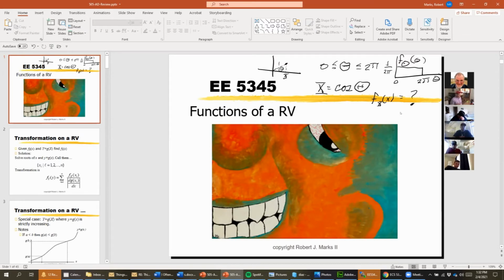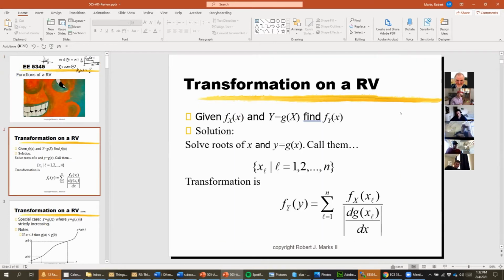That's the sort of question that we want to answer here. And I'm going to give you, first of all, a solution, and this solution will mean nothing to you because it looks like mathematical gobbledygook, but we will unpack it as we go on. And this is as follows. If you have Y equal to g of X, in other words, you're given a distribution function for X, so you know what the random variable X is, and you make a random variable transformation, Y equal to g of X. So g of X could be any function.